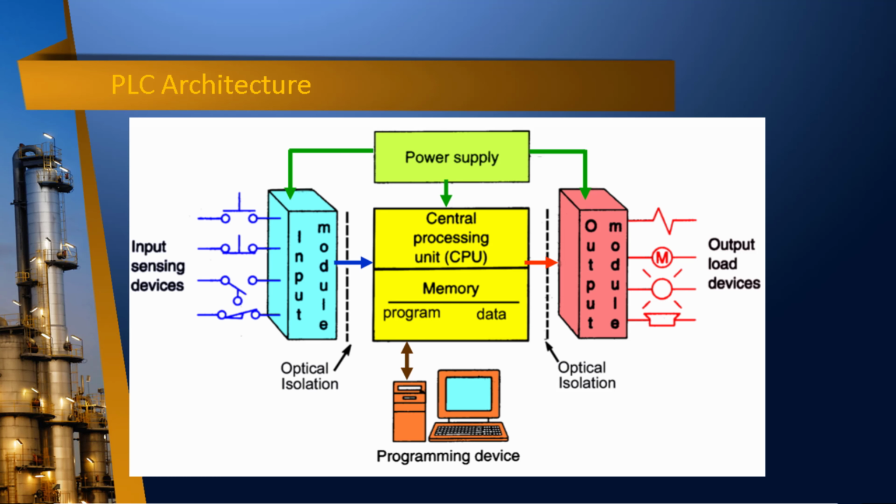This program performs an action with the input signal and gives this action to the output module, which will perform this action outside. In this course, we are going to discuss two main categories.